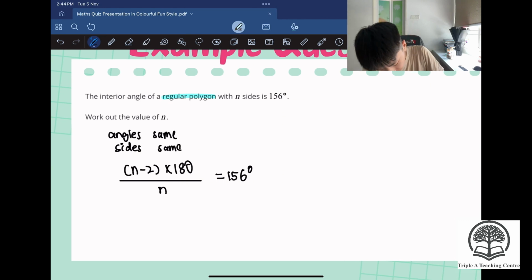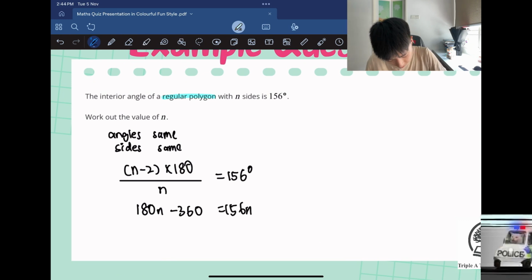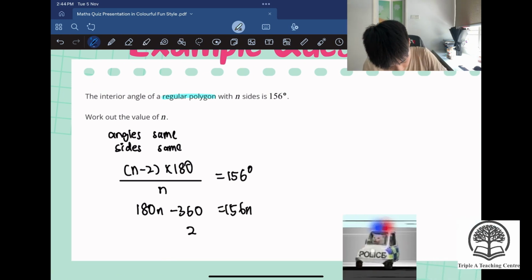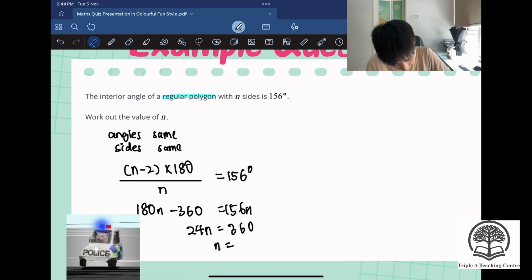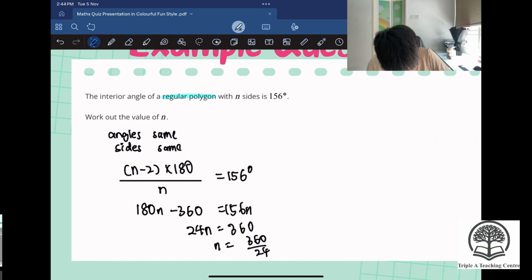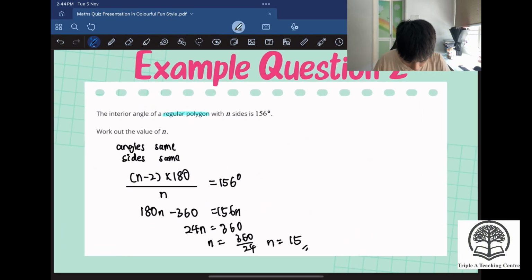So let's do algebra. We can get 180n minus 360 equals 156n. So that would give us 24n equals 360, and n would be equal to 15. So the polygon will have 15 sides.